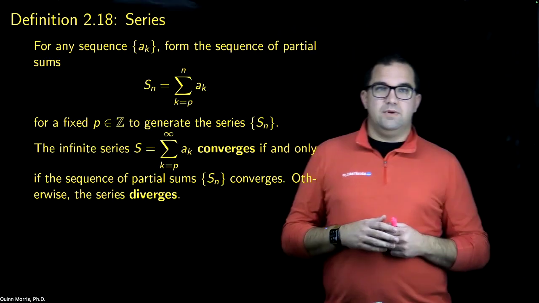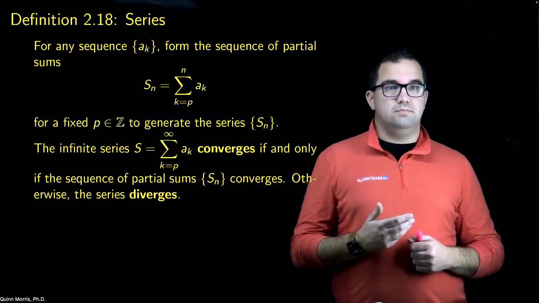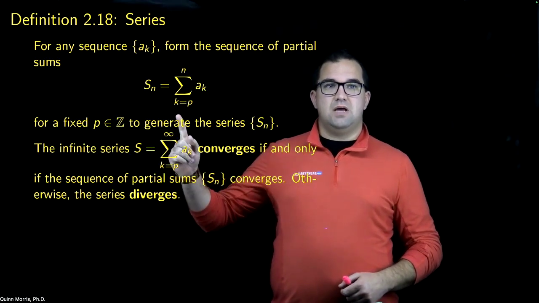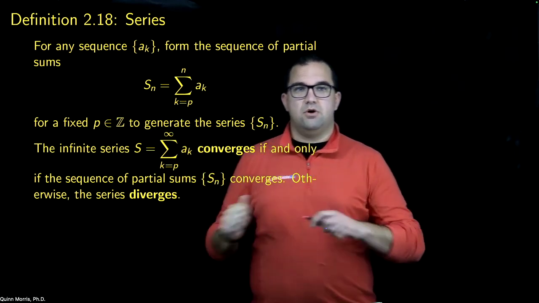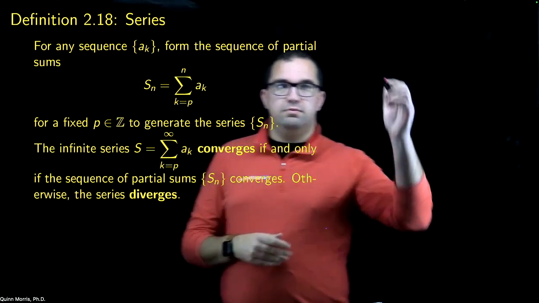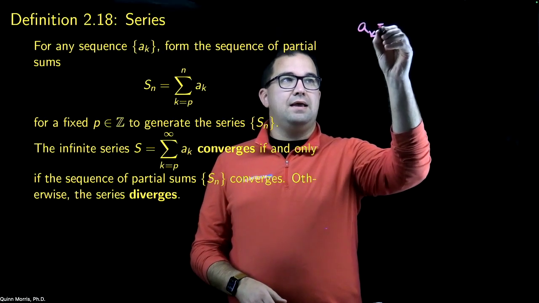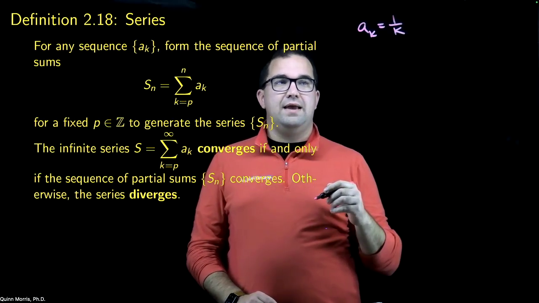So for any sequence a sub k, we can form a sequence of partial sums, which is formed by simply taking the sum from k equals p up to n of that sequence. So, for example, imagine you have a sub k equal to 1 over k.